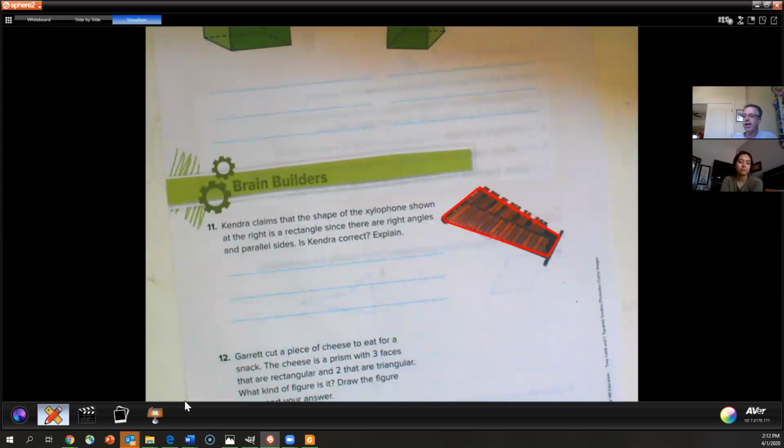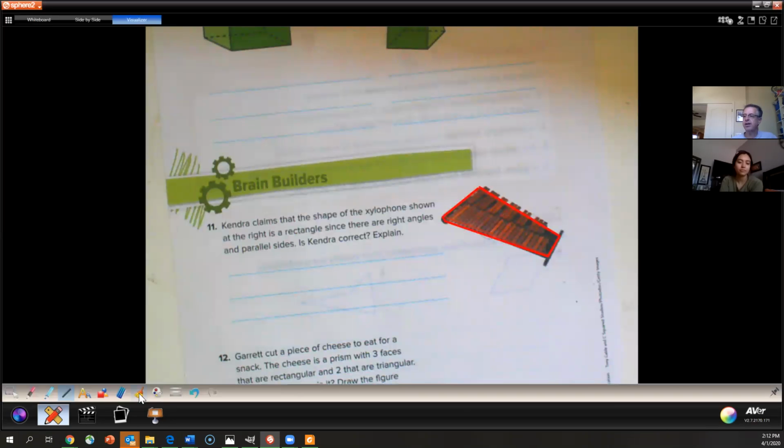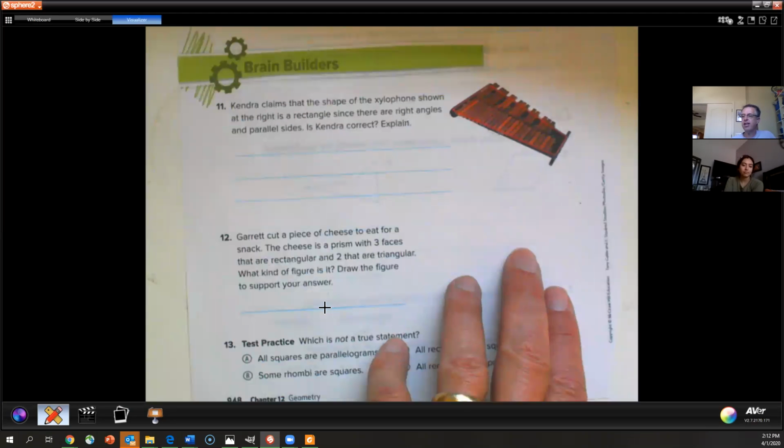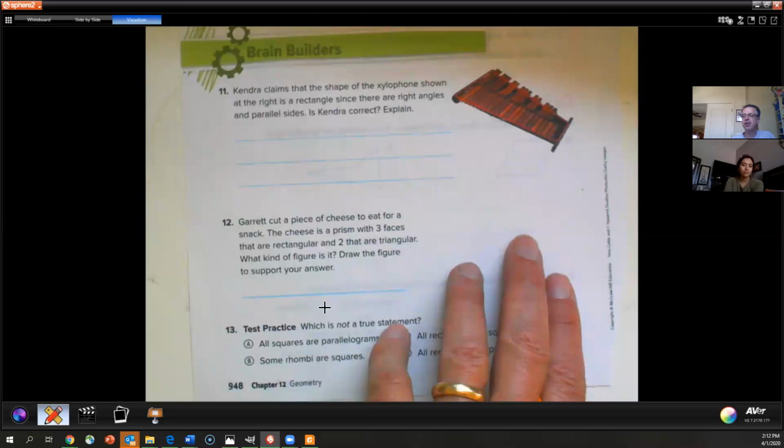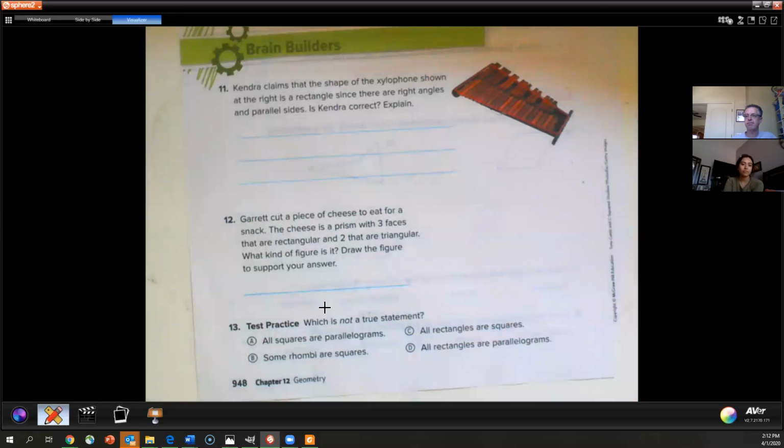We're going to go ahead and take a look at the next one down here. Ms. Garcia, is there anything you think they need to know about this one before they answer it? Just make sure that you are reading it very carefully. It specifies certain things in there, such as the 3 faces that are rectangular and 2 that are triangular. So if it will help you to draw a picture, definitely do that.